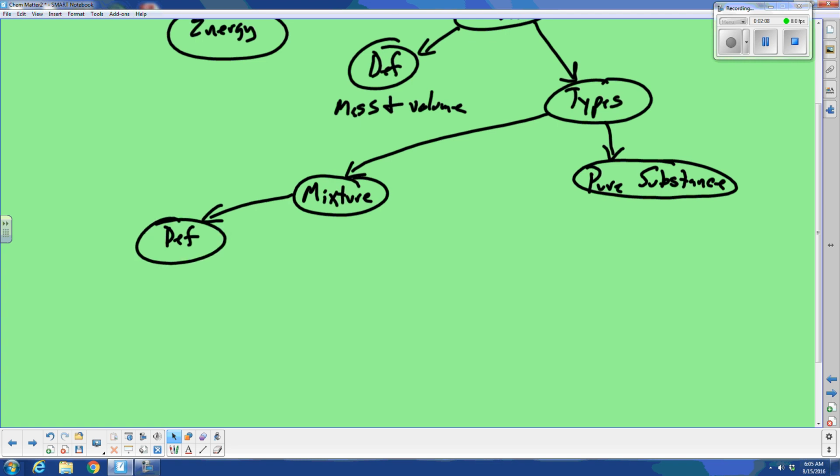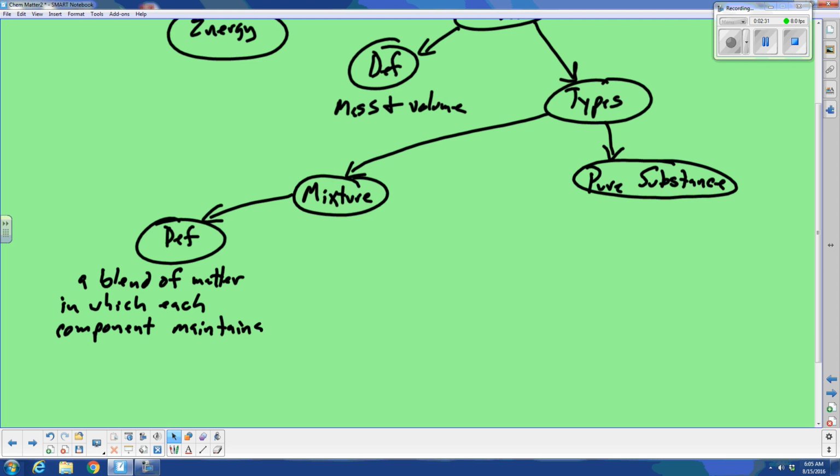Okay. Well, I'm going to say that a mixture is a blend of matter in which each component maintains its identity.